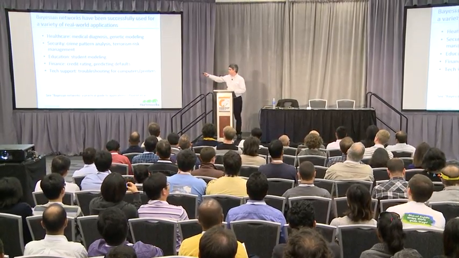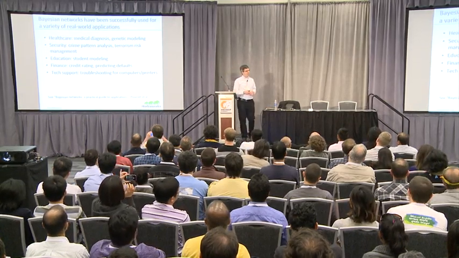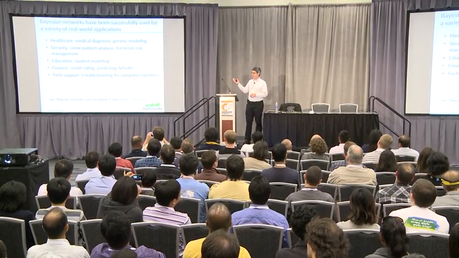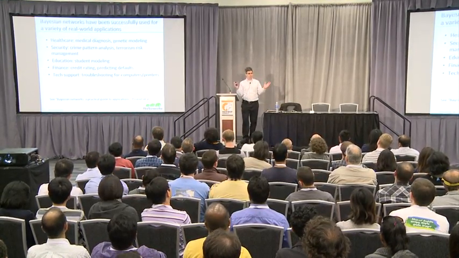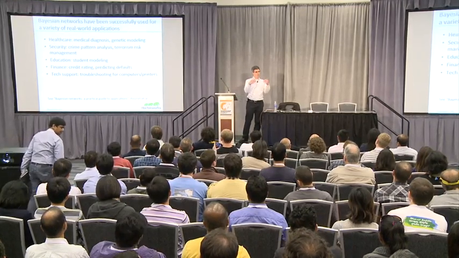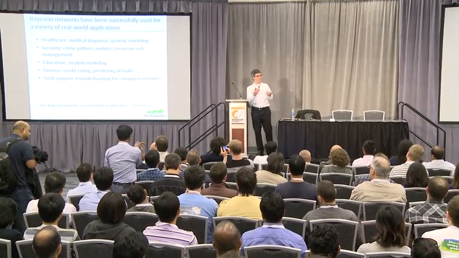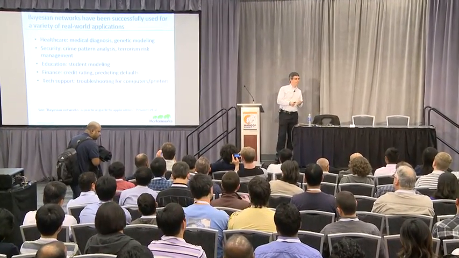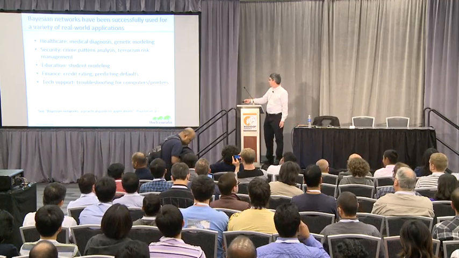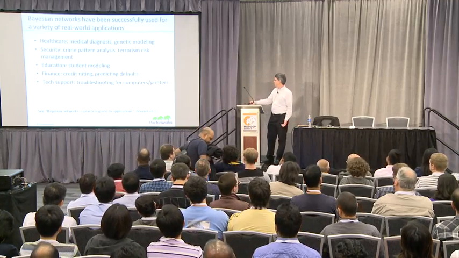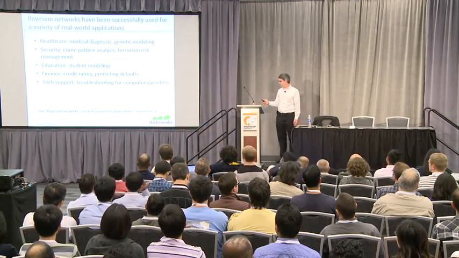In fact, one of the things I found was that a couple of companies, I think Microsoft maybe, I'm not sure, used it 10 or 20 years ago to do diagnostic troubleshooting for customer support. You call someone and say, I got these things when my computer doesn't work, and they tell you what's the most likely thing that's going on. So it's been used a lot. If you're interested in more, there's a book with a large set of practical application examples you can look at.